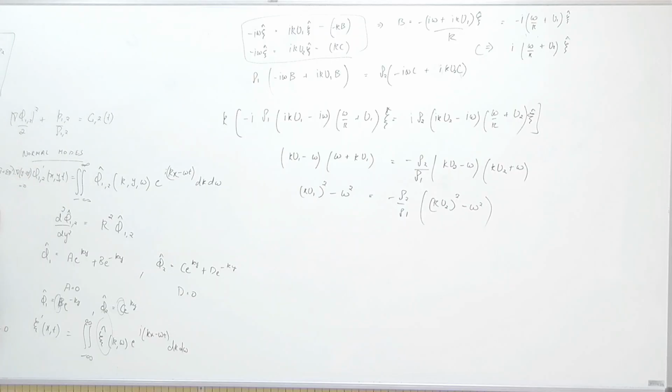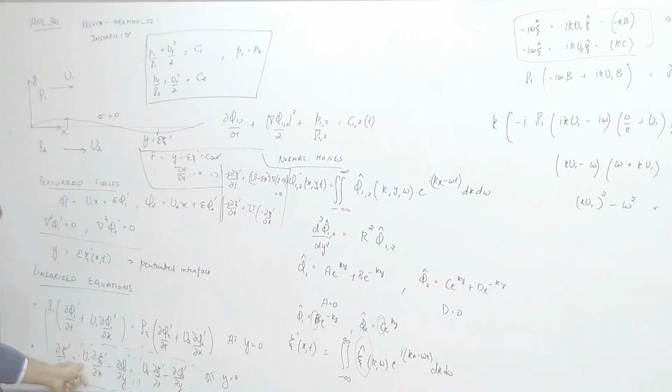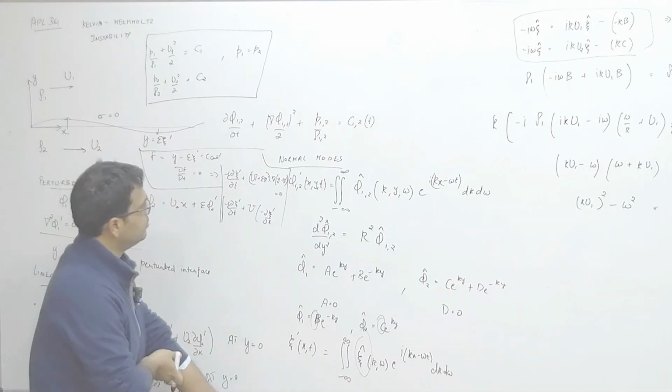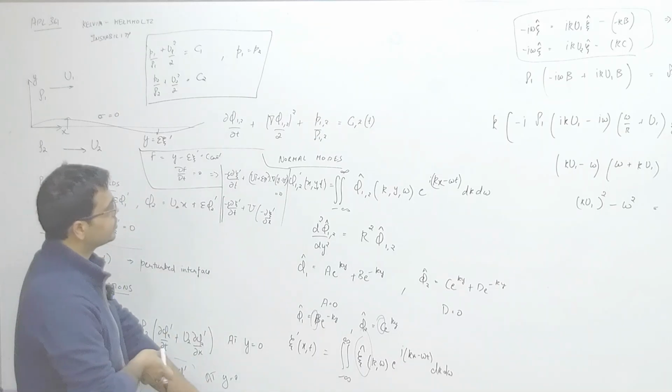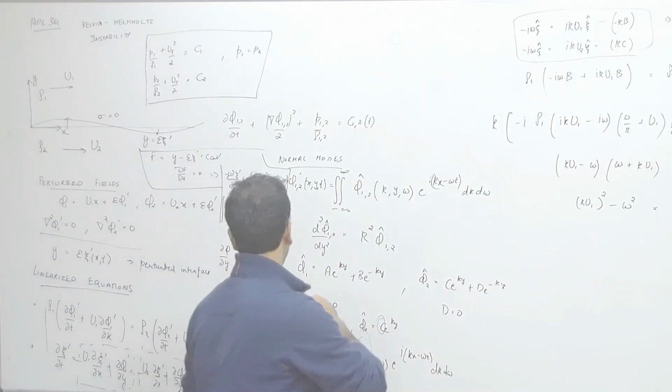So minus del c prime over del t, then epsilon. Okay, this is my rough work. Plus capital U del by del x of this, so minus del c prime by del x. Should it be a minus sign here, no? Minus u1 del c prime by del x.